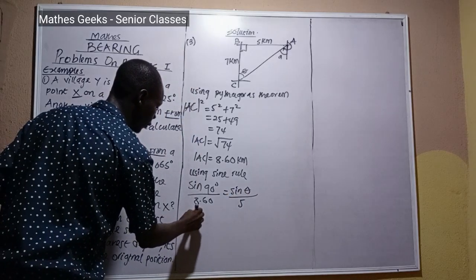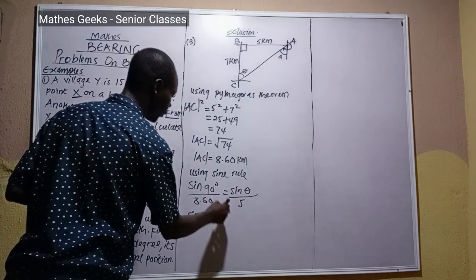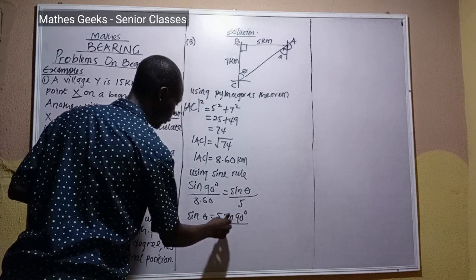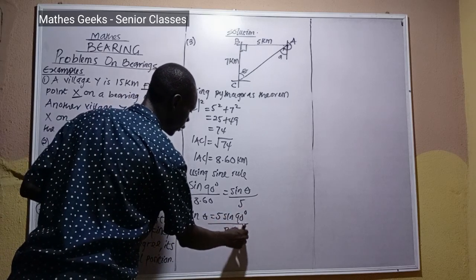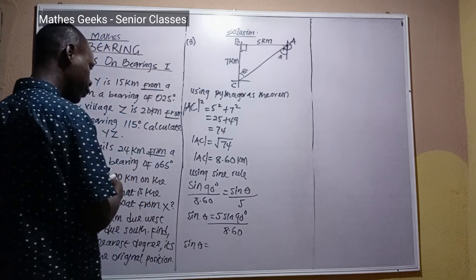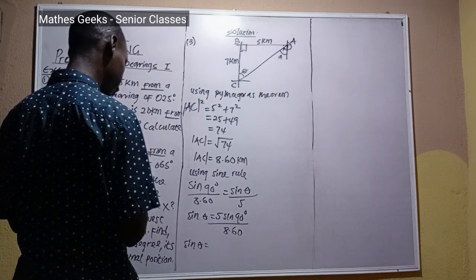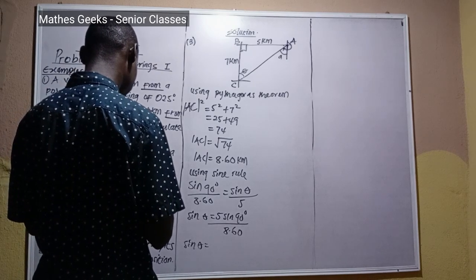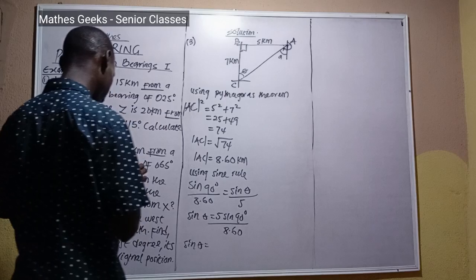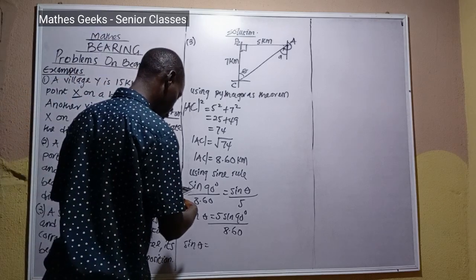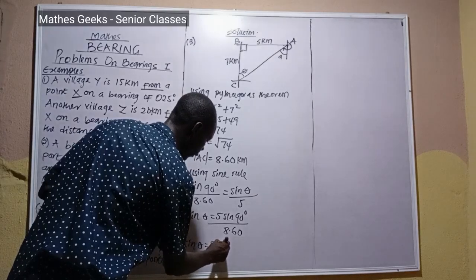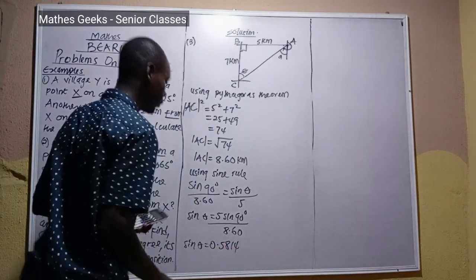So sine theta is equal to 5 sine 90 degrees divided by 8.6, which is 0.5814.